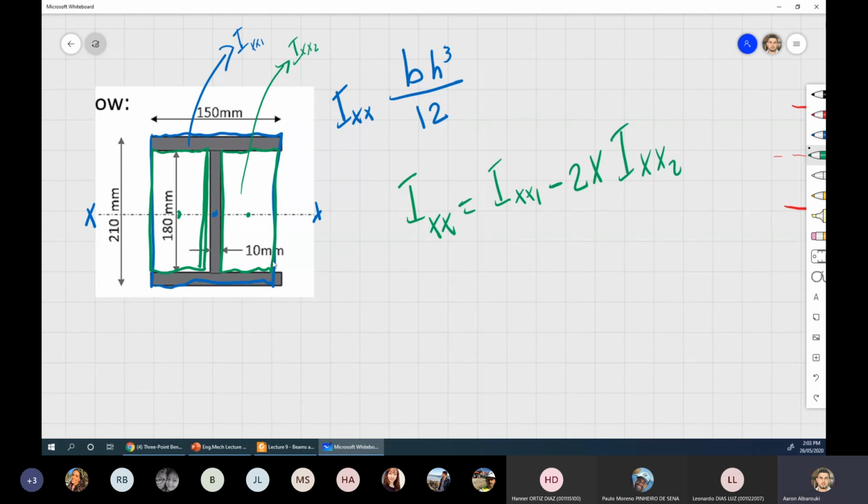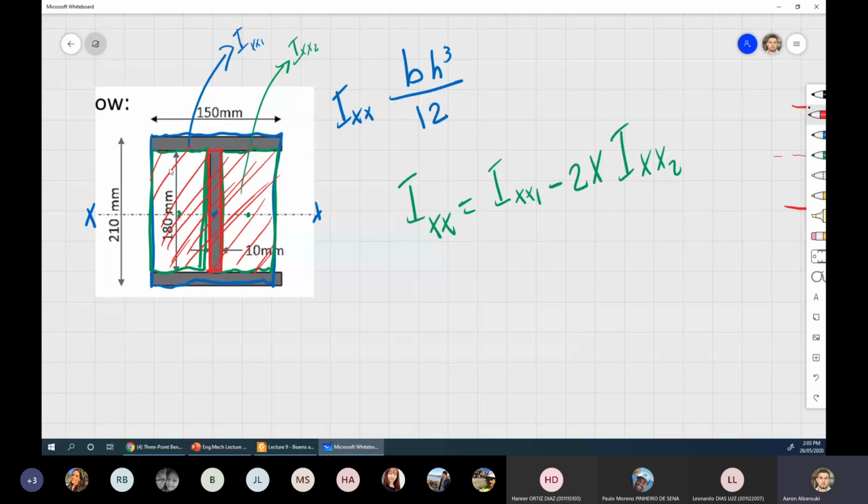Okay? Or you've got too many options. You can take the large one minus, for example, all of this center one, and plus I have to add this again.